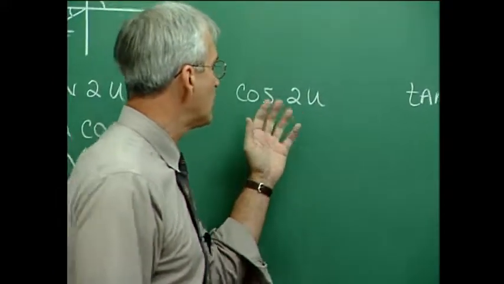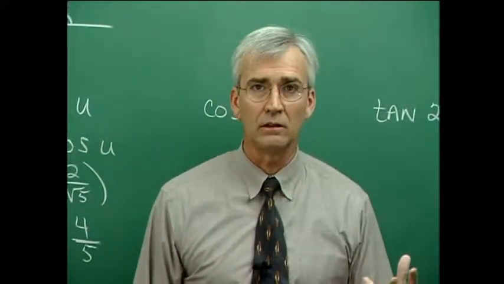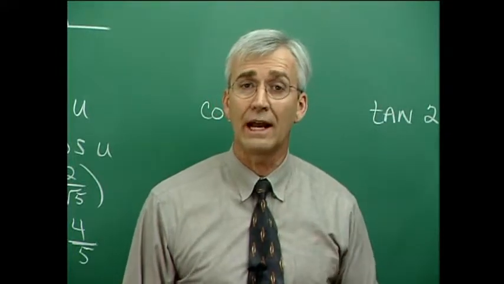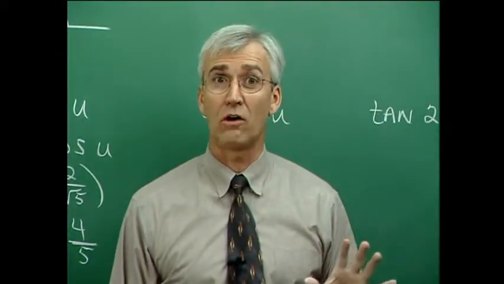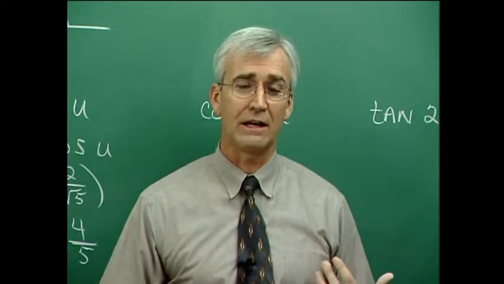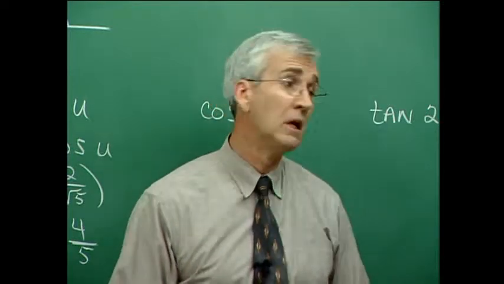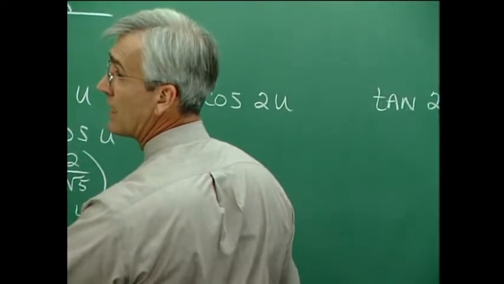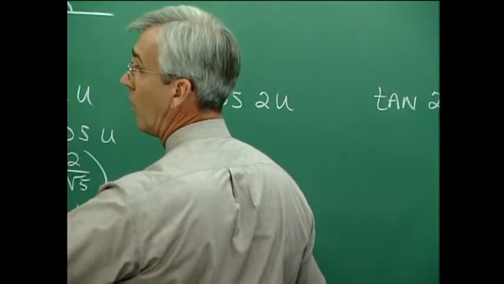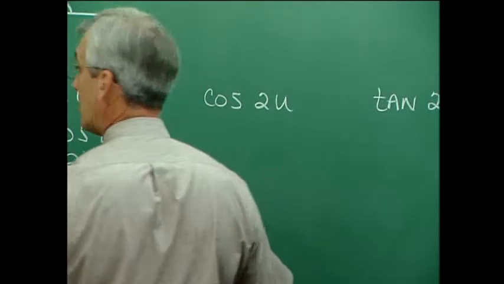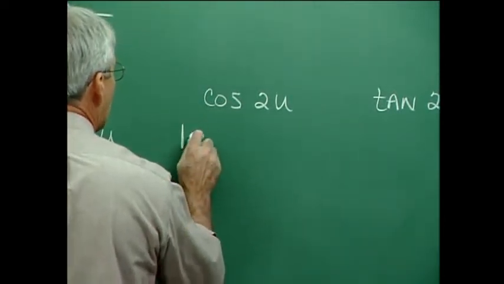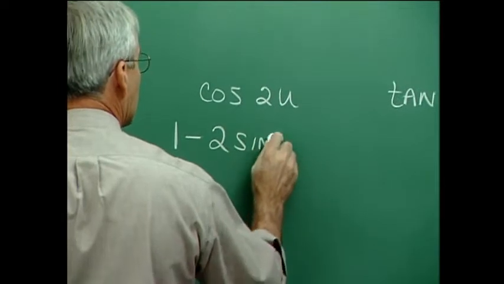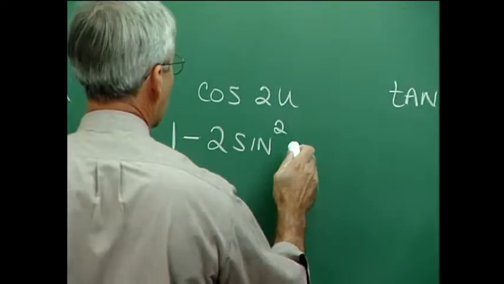Now, for cosine 2u, I have 3 options. I can choose one of 3 double angle formulas here. I think I'll choose the one that has only one ratio involved in it, so I don't have to evaluate more than one ratio. I'm seeing the one involving sine. It is 1 minus 2 sine squared u.